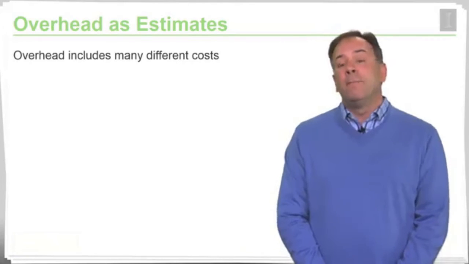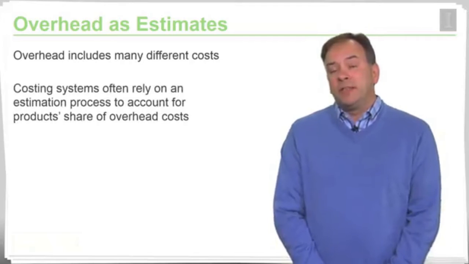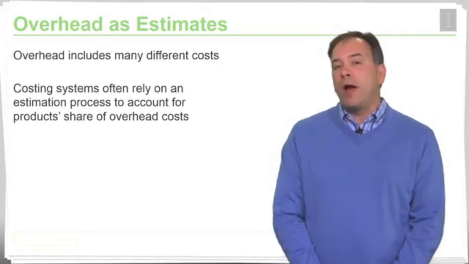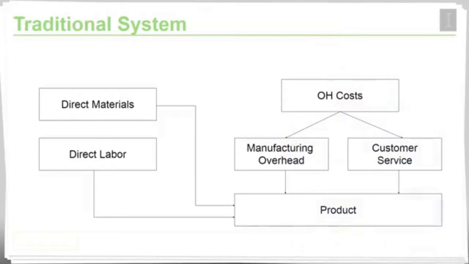Overhead includes many different costs. Costing systems, because of this, often rely on an estimation process to account for product share of overhead costs. In a traditional system, we would have these three categories: direct materials, direct labor, and overhead. And organizations oftentimes keep things relatively simple with respect to overhead.